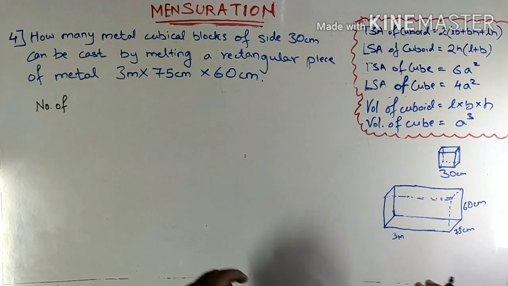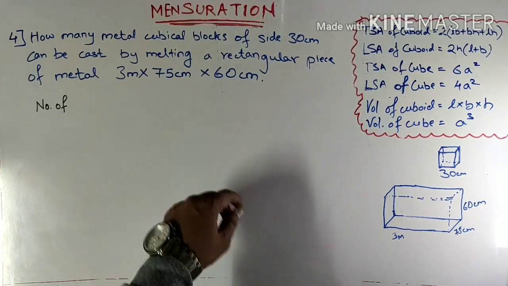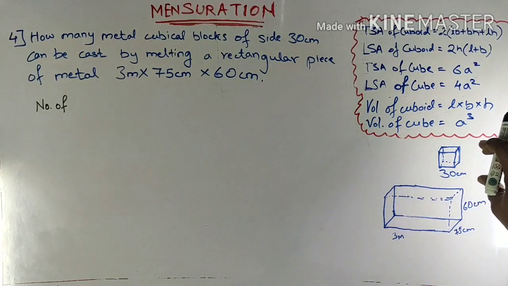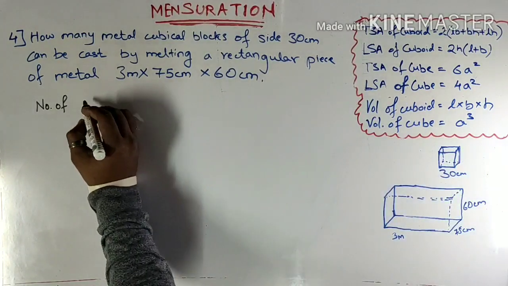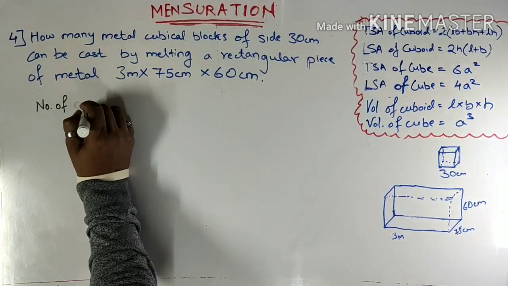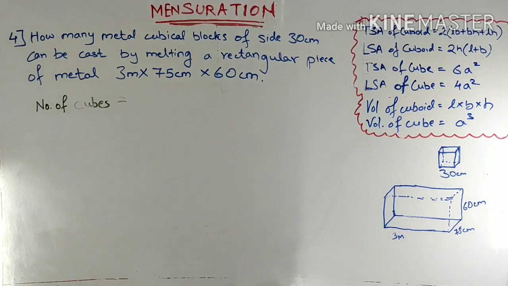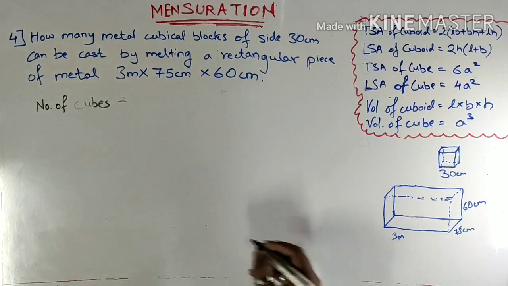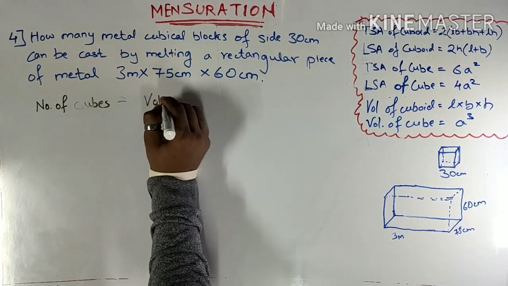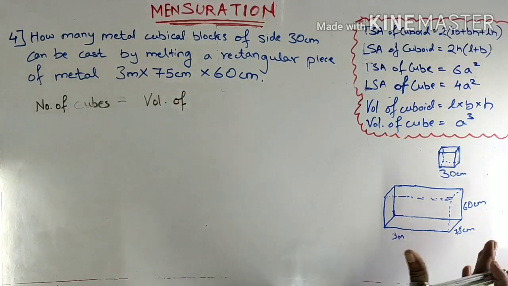Okay, so here, sticking to our case that a cuboid is melted and recasted into small cubes, the number of cubes that we get is equal to the volume of the larger object.